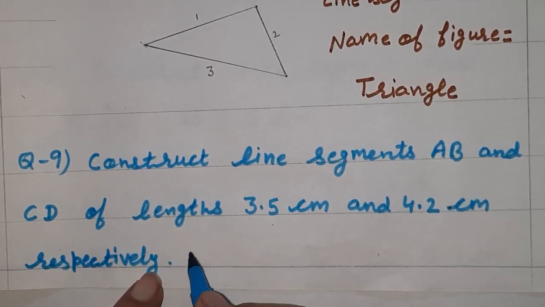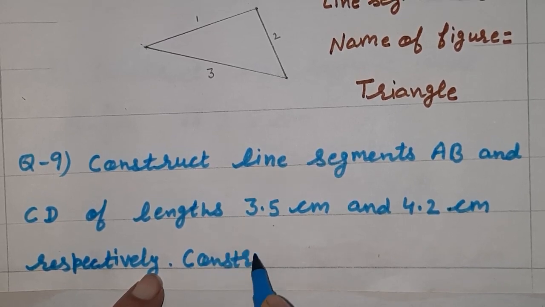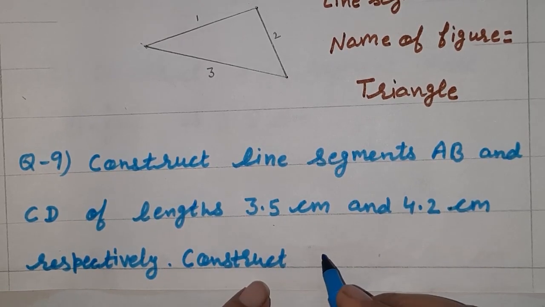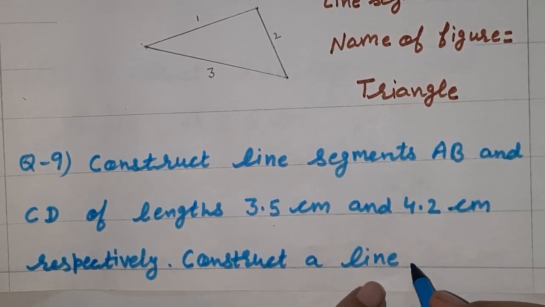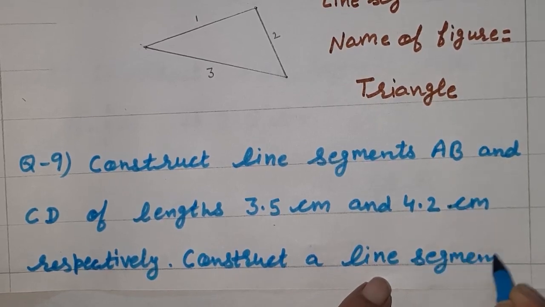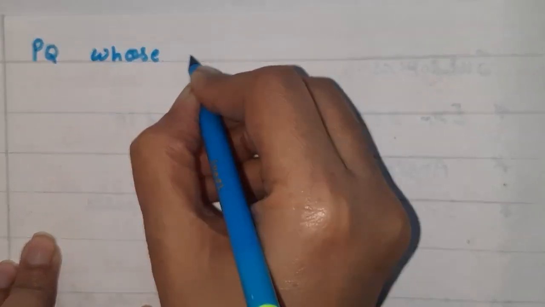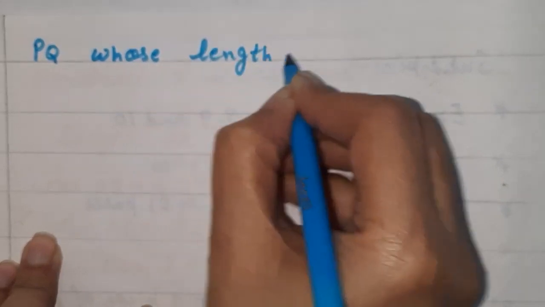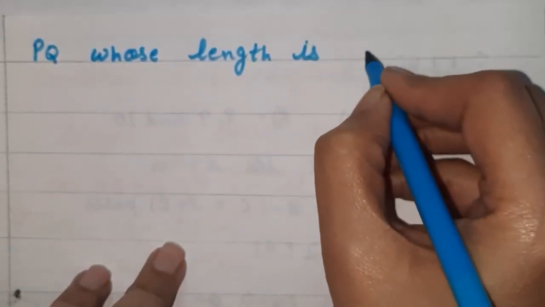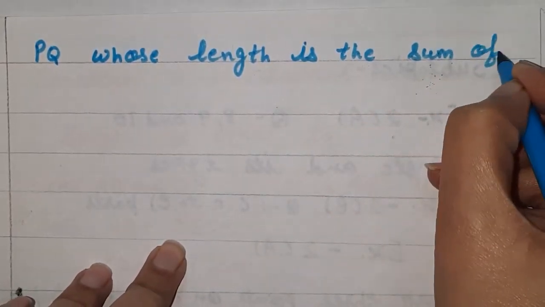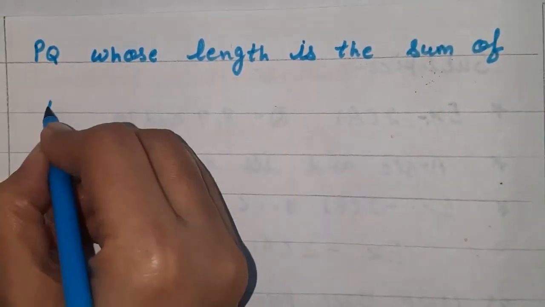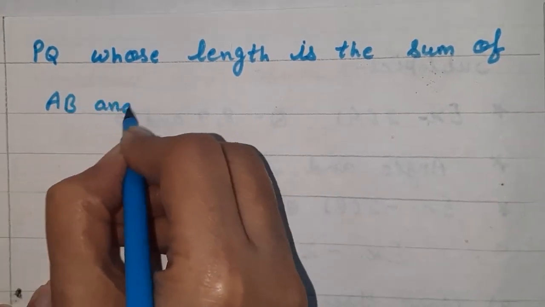Construct a line segment PQ whose length is the sum of AB and CD.